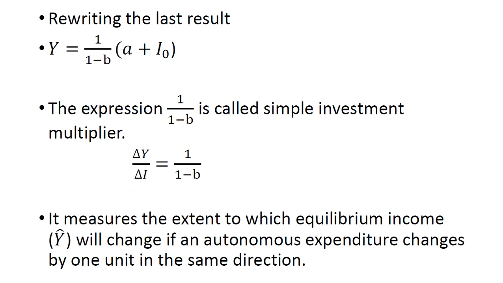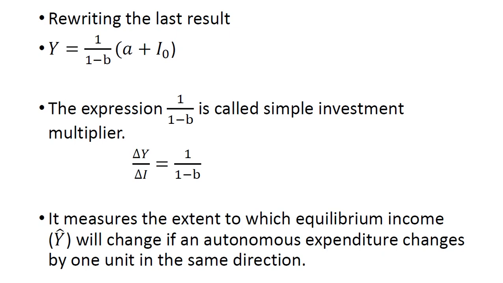This last equation can be written as Y is equal to 1 over 1 minus B all into bracket A plus I. The expression 1 over 1 minus B is called simple investment multiplier.